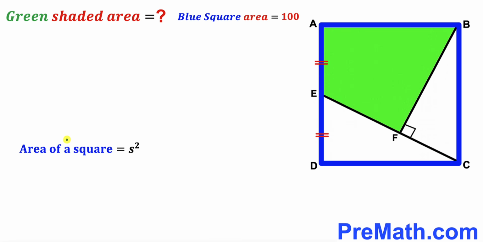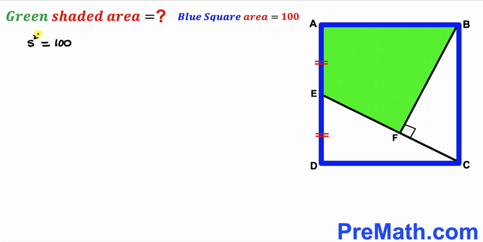Let's recall the area of a square formula. Area is always equal to S squared, where S represents the side length of the square. In our case, the area has been given as 100, so S squared is equal to 100.